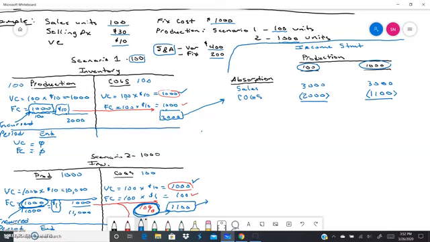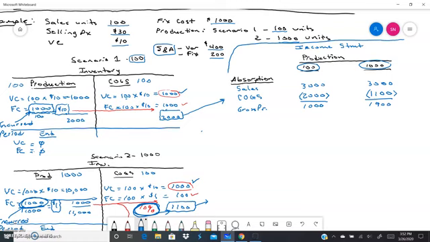The next line, of course, is gross profit. Just going to abbreviate here a little bit, keep things moving along. So we have 1,000 under the 100 unit production scenario, and of course we have 1,900 under the 1,000 unit production scenario.